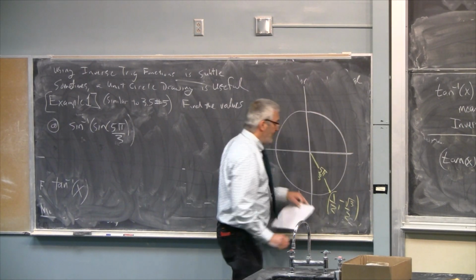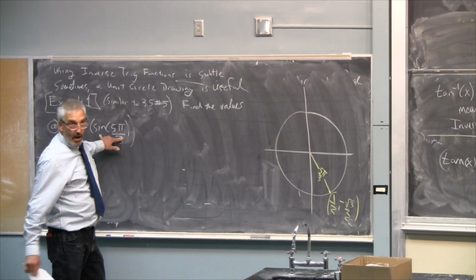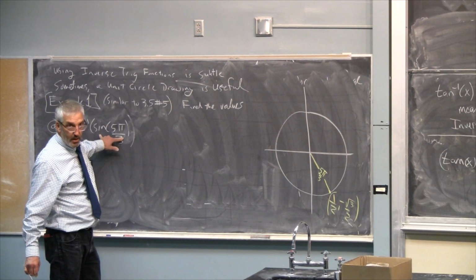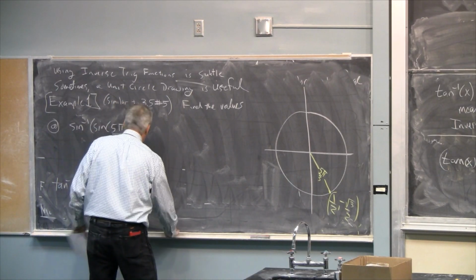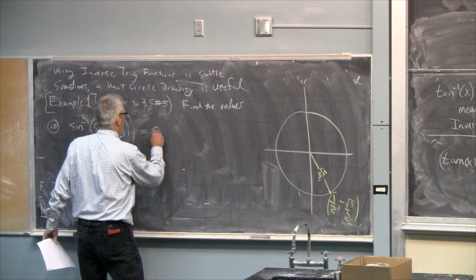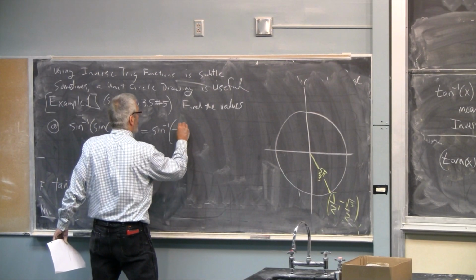Now, using that information, what is sine of 5 pi over 3? Yeah, so this is going to be sine inverse of negative square root of 3 over 2.